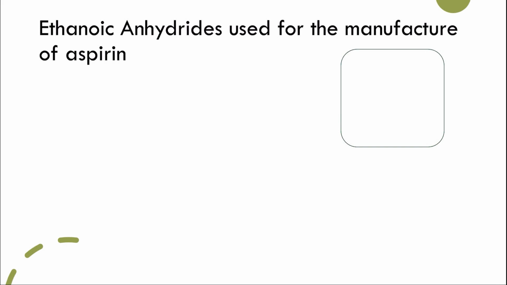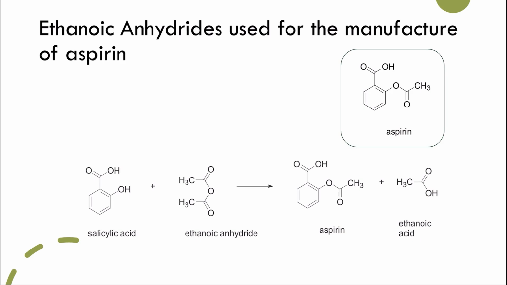Ethanoic anhydride is used for the manufacture of aspirin. Aspirin is an ester, and ethanoic anhydride is used to make that ester. It's an ester of salicylic acid. So we have salicylic acid, which has an OH, an alcohol, and has a carboxylic acid functional group as well.